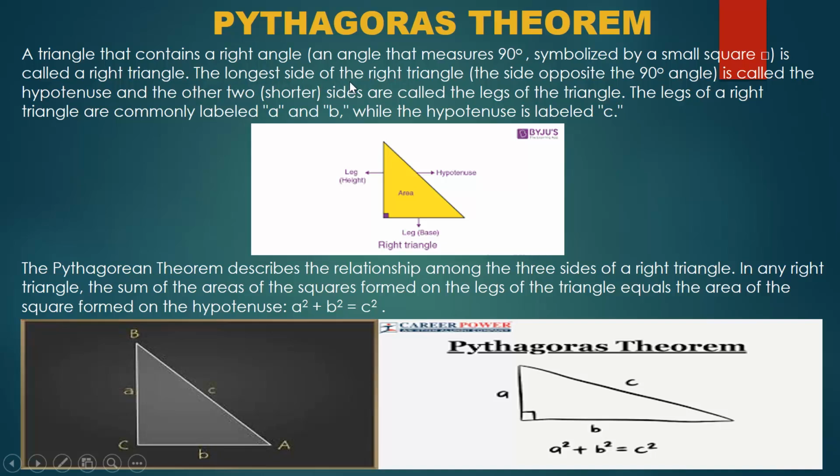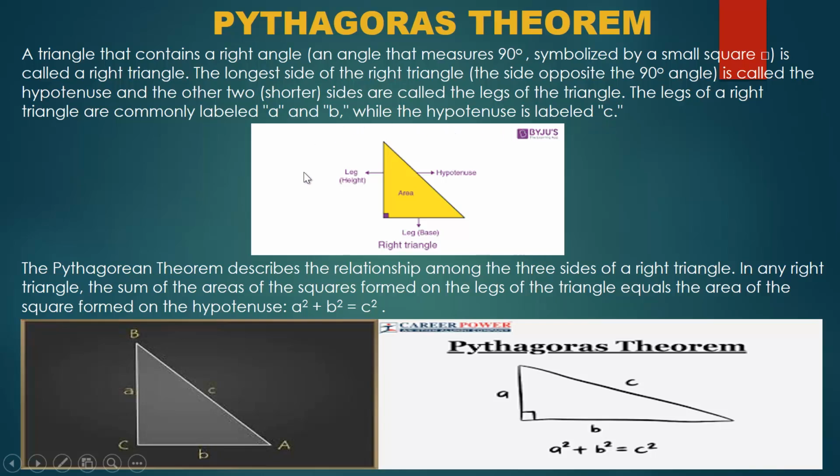The longest side, the side opposite to the 90 degree angle, is called the hypotenuse, and the other two shorter sides are called the legs of the triangle. The legs of the right triangle are commonly labeled A and B, while the hypotenuse is labeled C.